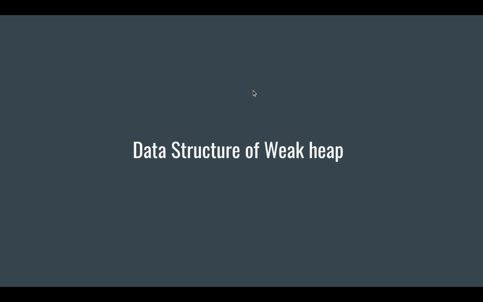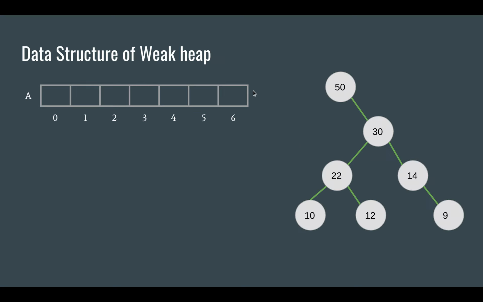Next is the data structure of the weak heap. For a weak heap we can use an array to store the values of the heap. Here we can see that this heap has 7 nodes, and we take an array of length 7.